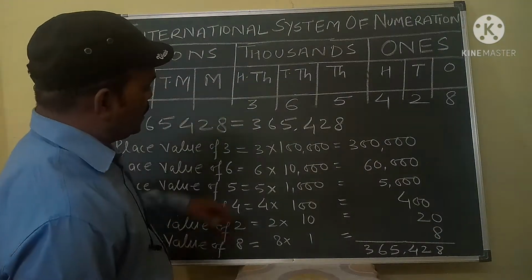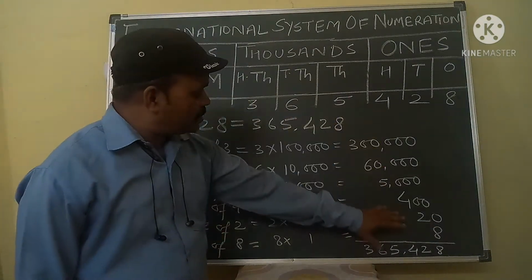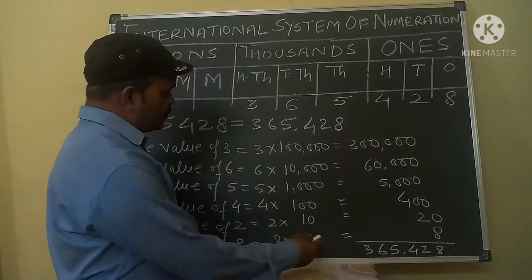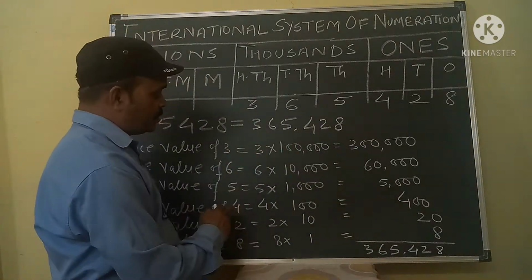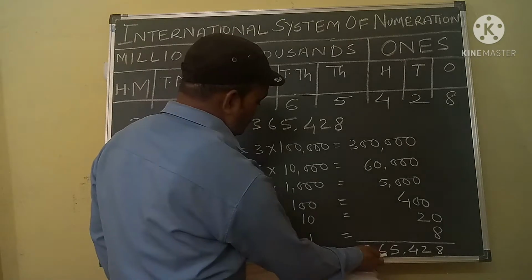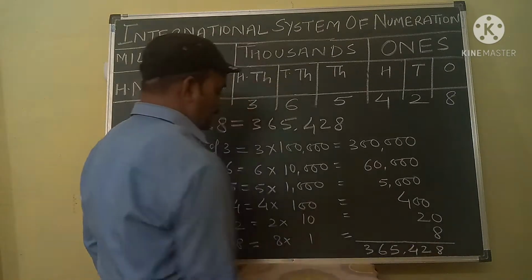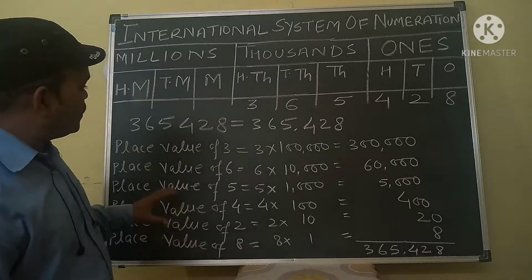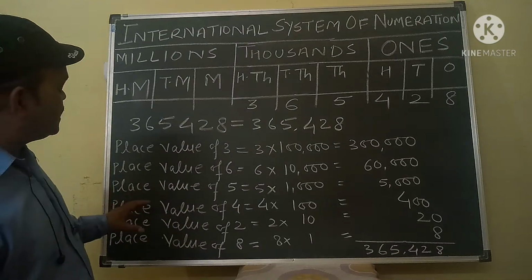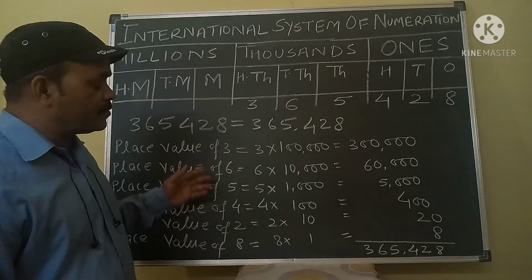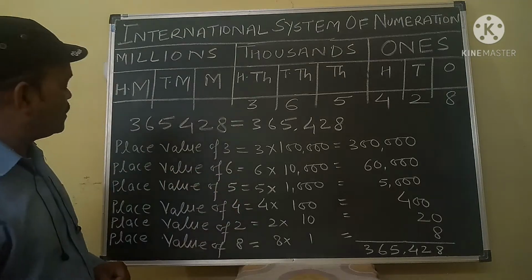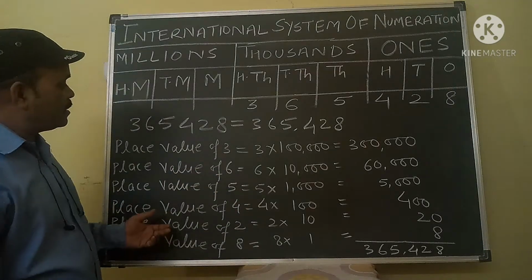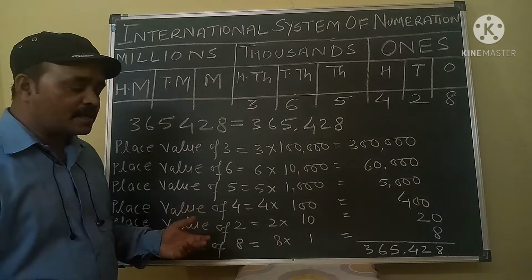Okay. And after adding all these numbers, you will get the original number, that is 365428. Okay. So this is the place value of each digit in the given number. Again, now what is your objective?